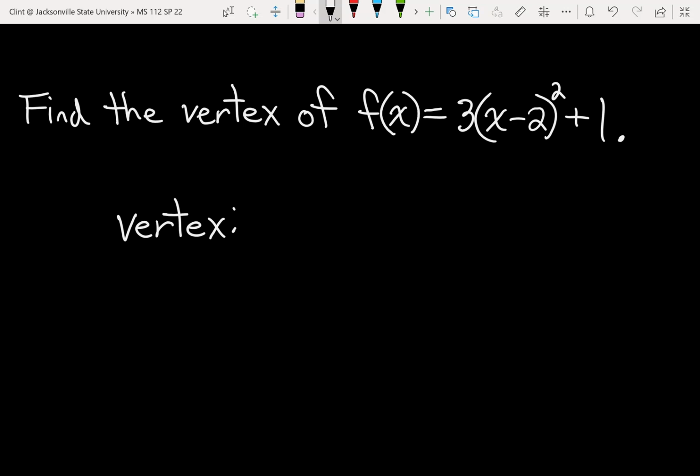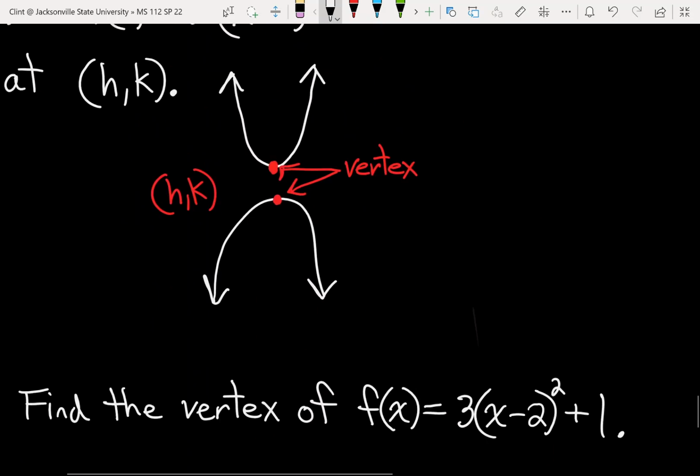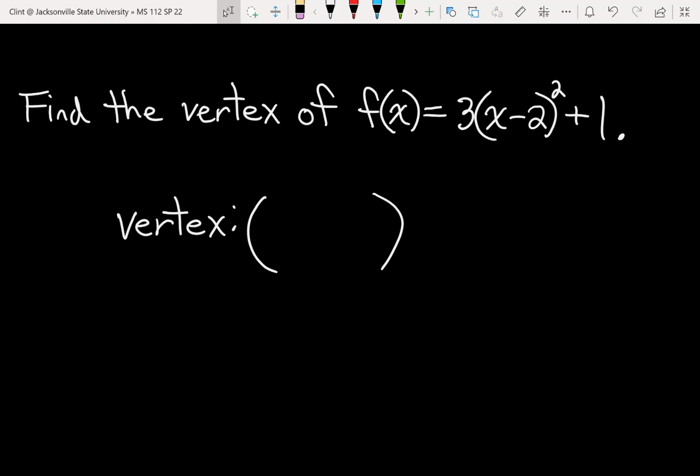It is a quadratic function, and it's in that vertex form, so we can just read the vertex off of there. It says x minus h, so here we got x minus 2, so our x coordinate is going to be 2. And on the outside we got plus 1, so our y coordinate is going to be 1.